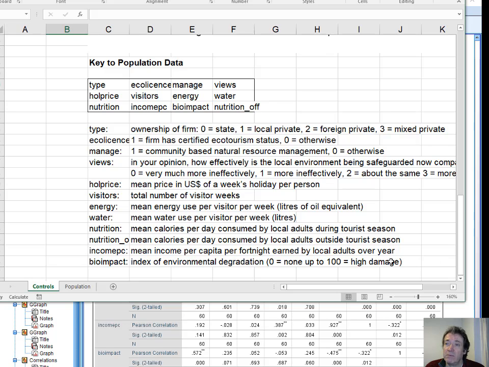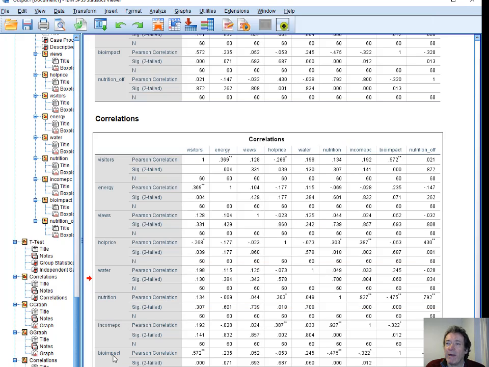Okay, yeah. That's interesting. So yeah, so I suppose that means that in areas where there's more bio impact, nutrition is lower. So there's obviously the eco-services that people could depend on are being hit. So there's lower nutrition. And on the other hand, lower environmental impact means better nutrition. Yeah. So there's a negative correlation, 0.475.